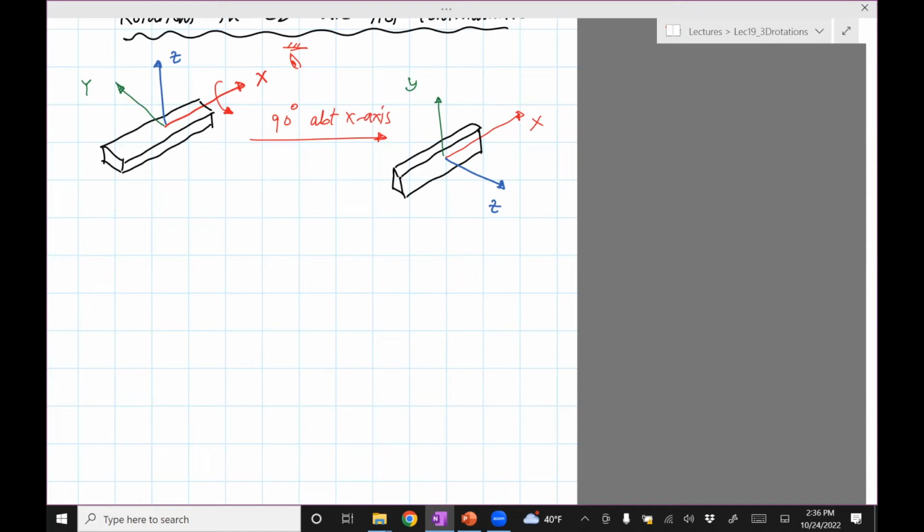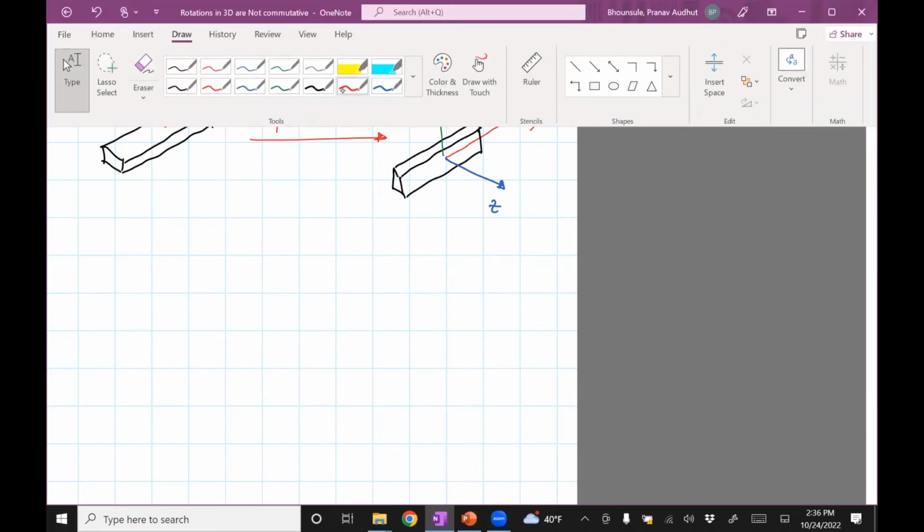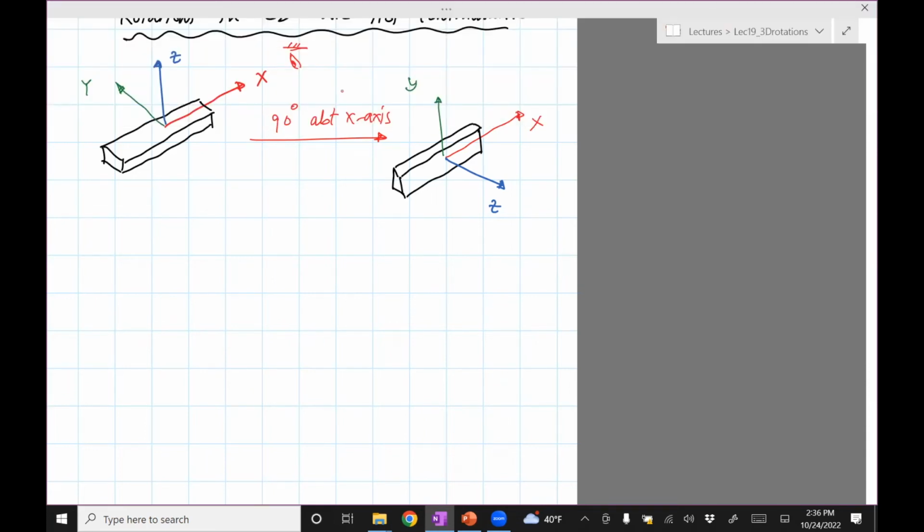I got it backwards. You're seeing from the x-axis. Okay, let me do it this way. I guess I need to draw it like this.